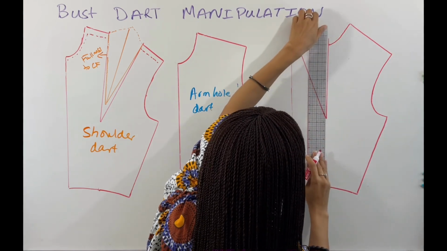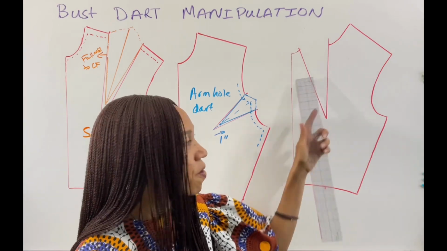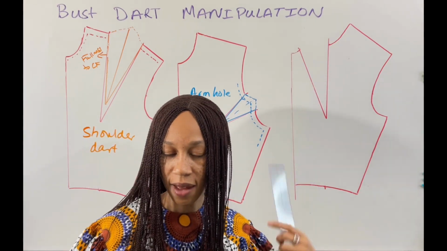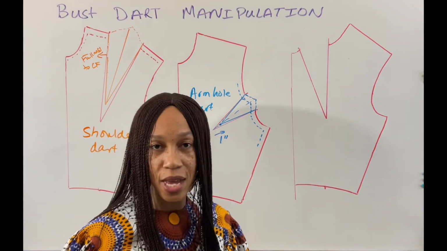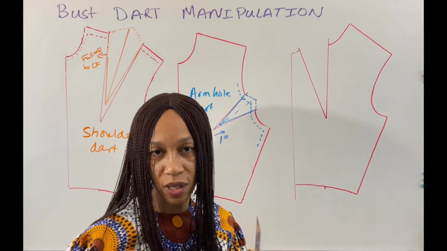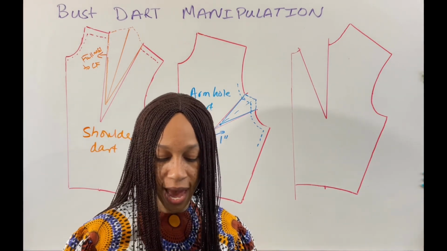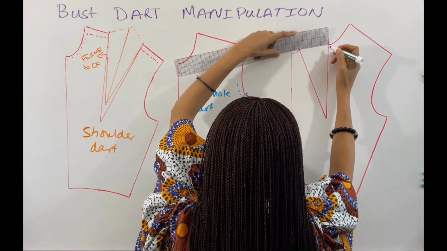And then the next step, because this is coming from the neck, you are going to go up 2 inches from the bust point to create the new end of the dart, or the tip of the dart. You need to measure this also, right?